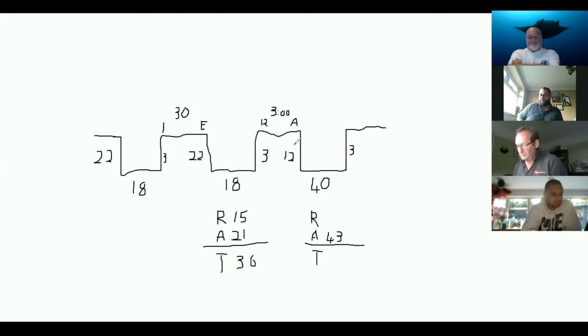So pressure group A at 12 meters. 12 is a 9. And in which case it's a 52. L. 52, 12, 52.